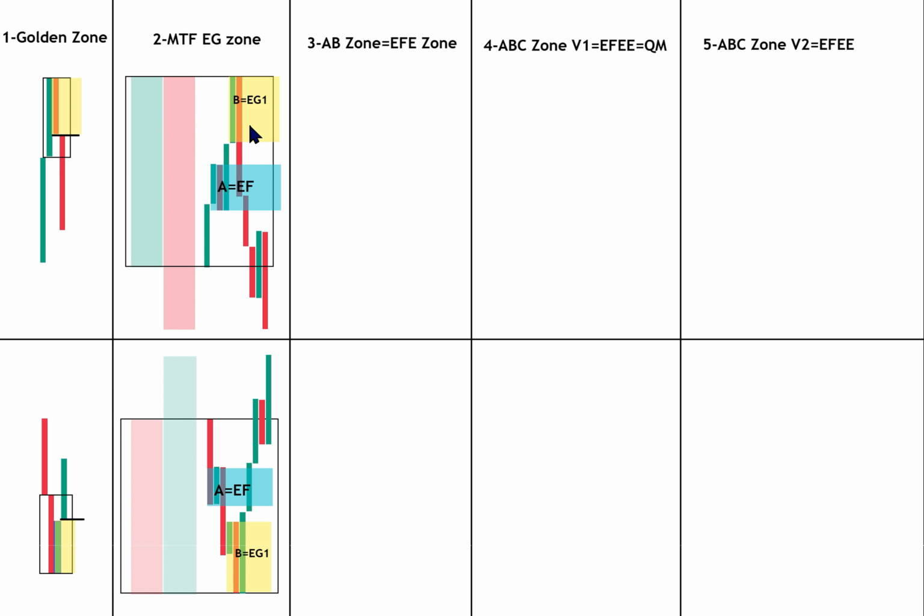In this scenario, we call it multi-time frame EG. It means that they don't have any overlapping zones. The same happens here. First we need to wait for the higher time frame to be completed. After the close of the candle, you come inside this candle and you will find this scenario: an engulfing sell, which was failed by an engulfing buy, but this engulfing buy doesn't have any overlapping with the failed engulfing.